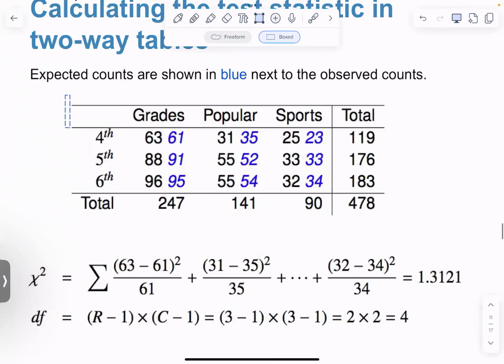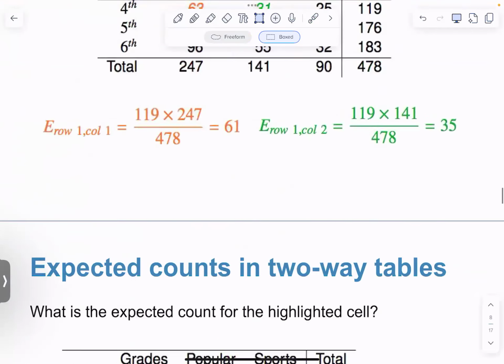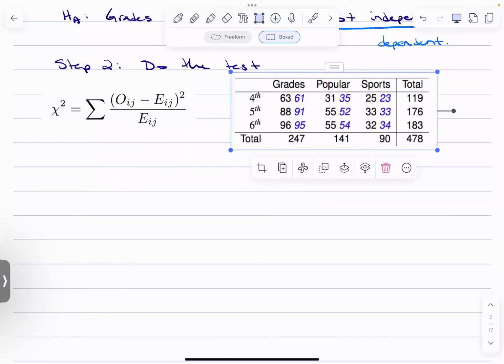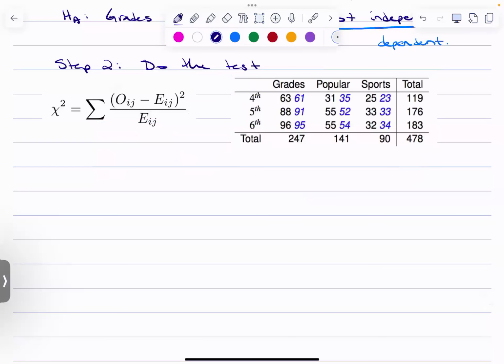Snagging from way down here. So for each cell, and this is where the rounded values are kind of nicer to work with, chi-squared is going to be 63 minus 61 squared, then divided by 61.